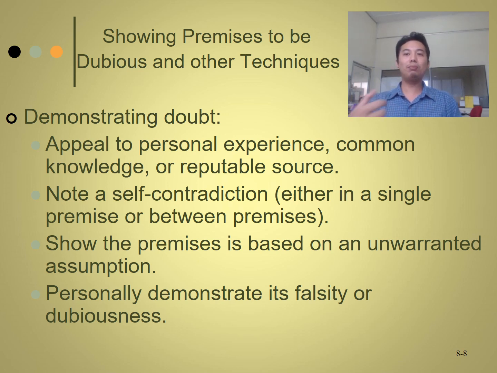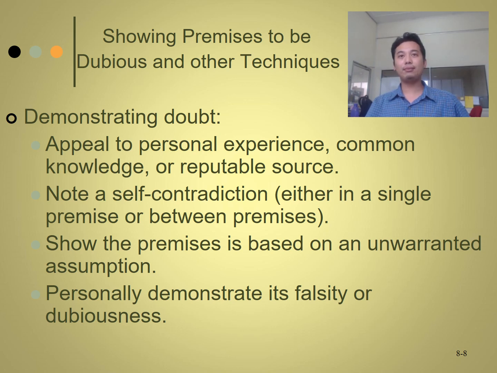If you want to personally demonstrate that it is not crunchy, then maybe you can take an apple from your bag which is not crunchy and which comes from the US, and you can show the person, "Hey, look at this apple, it comes from the US and it's not crunchy." From there, you are demonstrating personally that the premise which your friend just came up with is not something which should be accepted. So that is what it means by personally demonstrating its falsity or dubiousness.